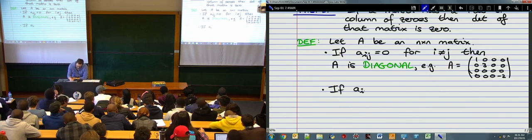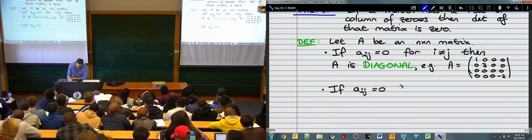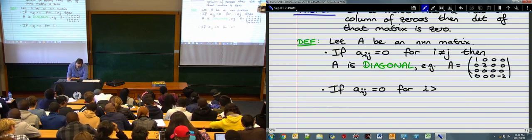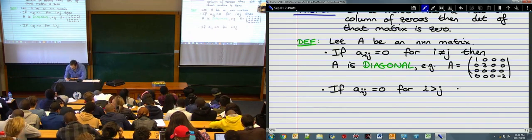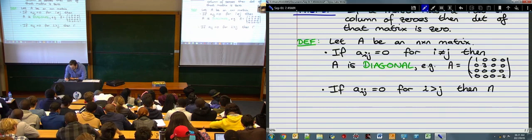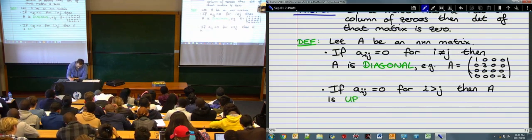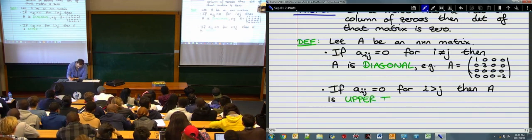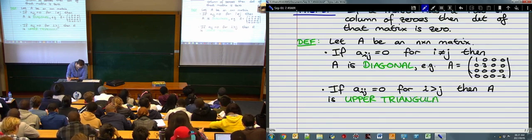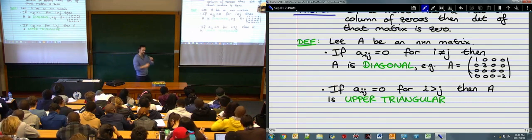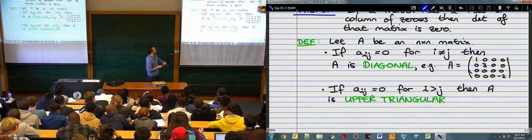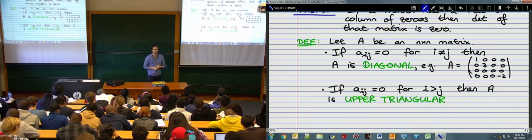If Aij is equal to 0 for i strictly larger than j, then A is upper triangular. So if all the entries are equal to 0 whenever the row index is bigger than the column index, then A is upper triangular.